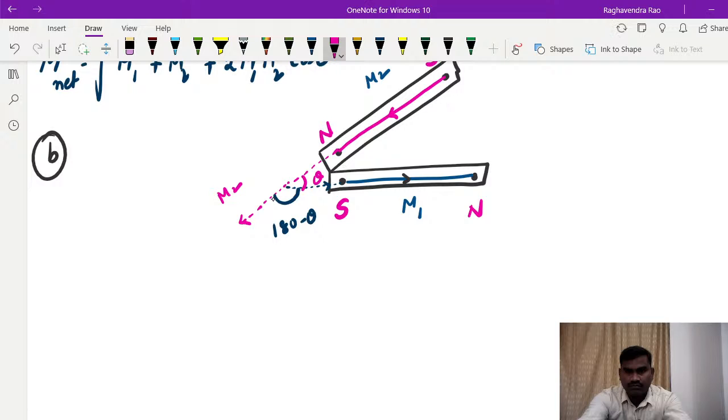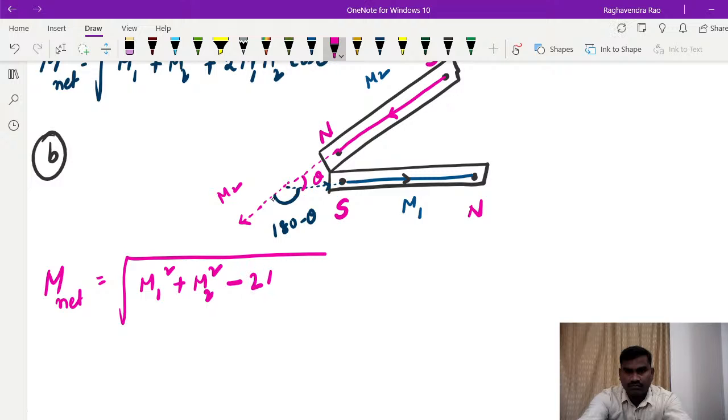Now we can take M net equal to root over M1 square plus M2 square plus 2 M1 M2 cos of (180 minus theta). So cos(180 minus theta) is minus cos theta, so it becomes minus 2 M1 M2 cos theta. This is the expression for magnetic moment in this case.